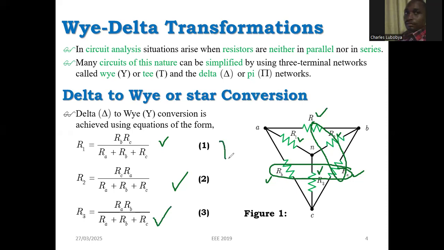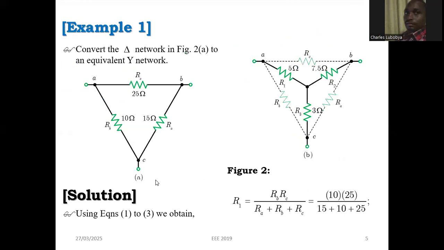So having understood these 3 equations, let's do a simple example where we convert from delta to star, but now using actual values. If you look at figure 2A of example number 1, you have 3 resistors, RA, RB, and RC, connected in delta. Now we need to transform this circuit into the star equivalent.